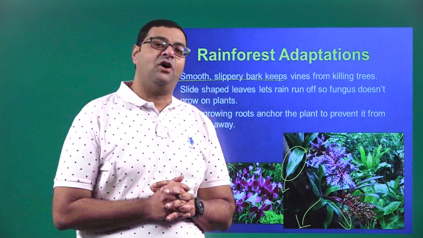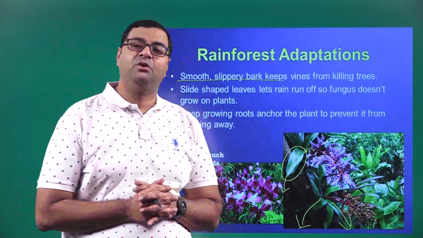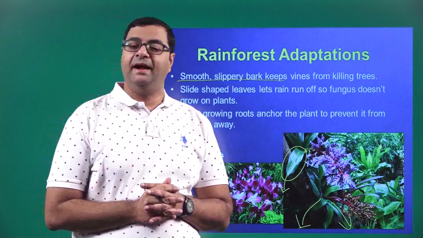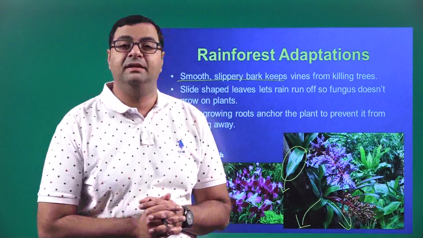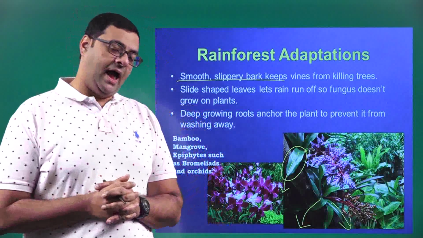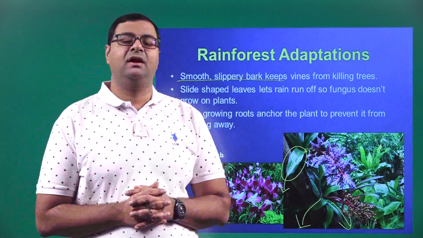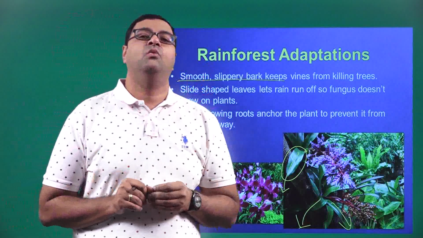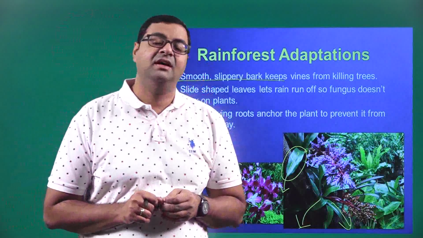So when the soil is eroded continuously, what will happen if the roots are not deep? The roots will be exposed and the anchoring of the plant in the soil will be disturbed. So when the anchoring is disturbed, what will happen? The plant will just get ripped off because of water force on the soil.